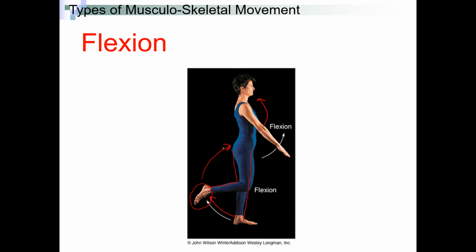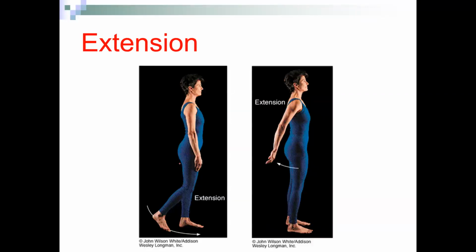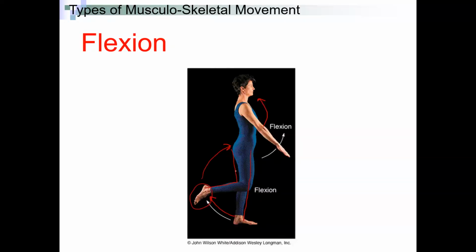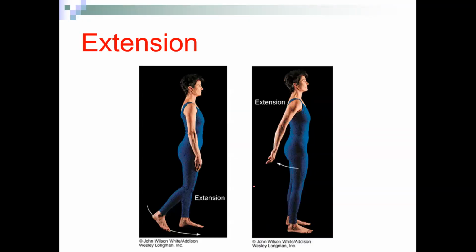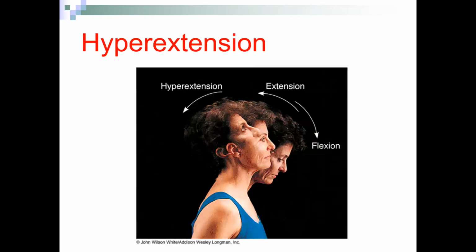The angle here becomes more acute. So you're going from 180 degrees, all right, let's just call it 90 degrees for the sake of ease. Okay? Extension, the angle increases. So you go from the 90 degrees back to the 180 degrees. Right? Extension, you're moving your hand away from the rest of your body. So you're moving it towards the back. So it's going away, right?